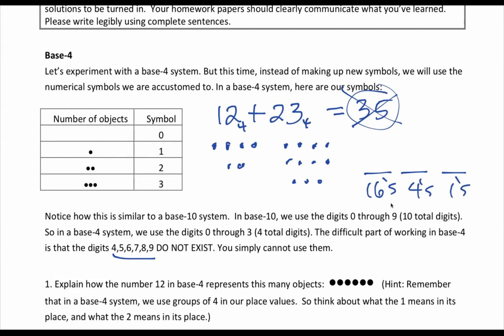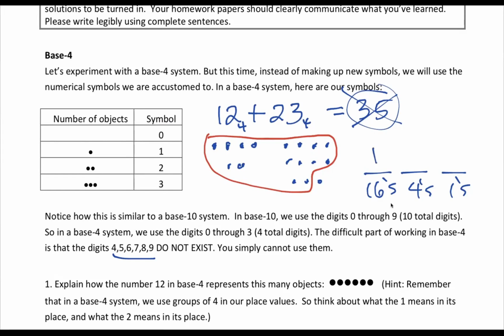So do I have a group of 16 here? I think I do. If I try to circle that, let's see, there's 6 over here, there's 12. I think that's 16 right there, a group of 16. So I have one group of 16. I'll put a 1 right there.